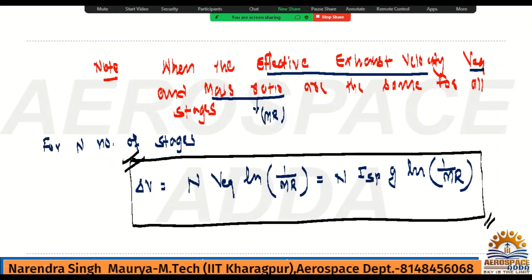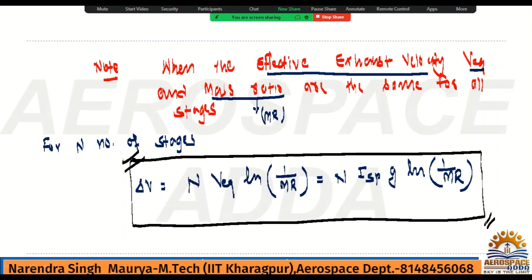So remember this. This is very important. When this happens, then the overall payload ratio lambda will be equal to the product of all payloads. This is also very important.